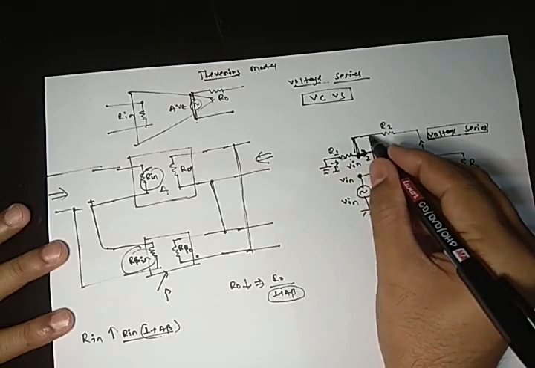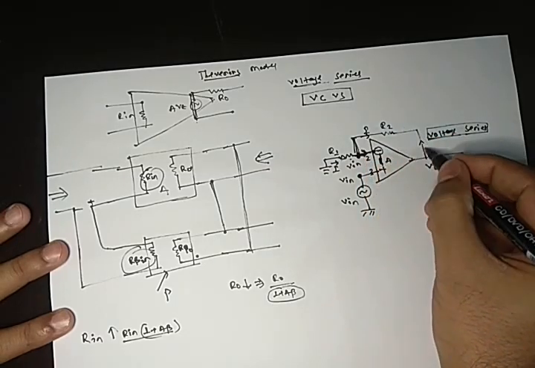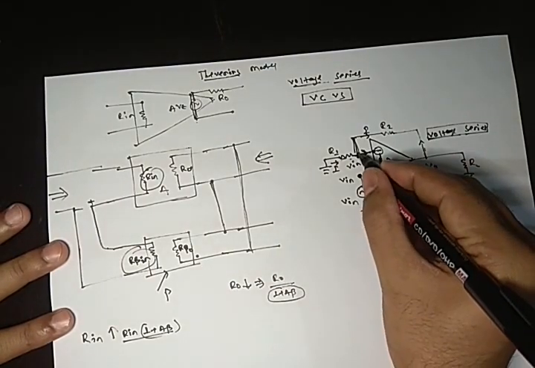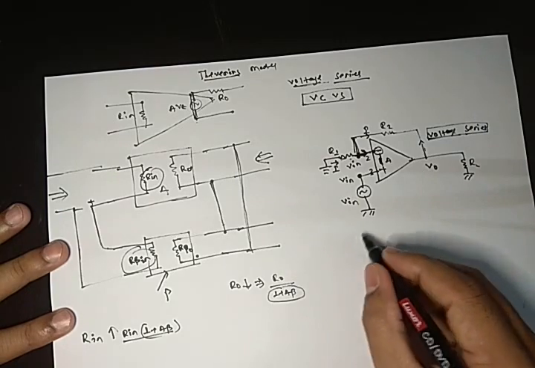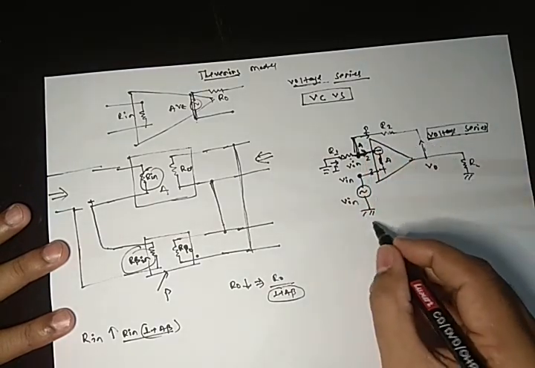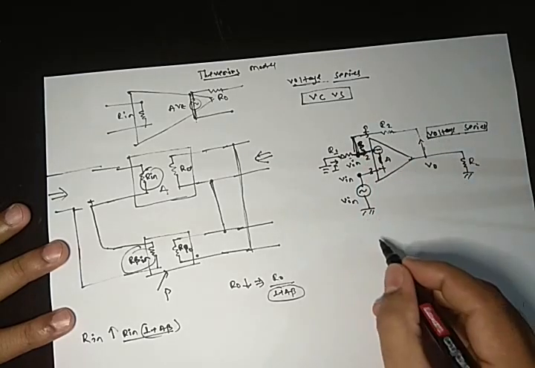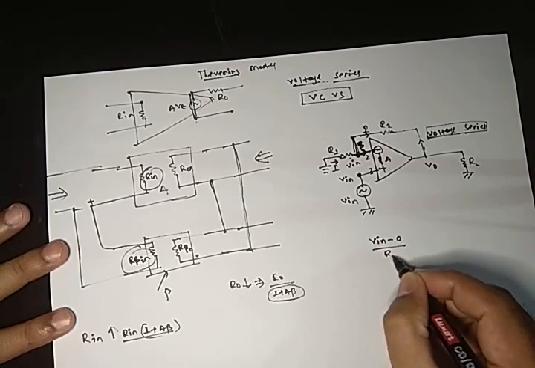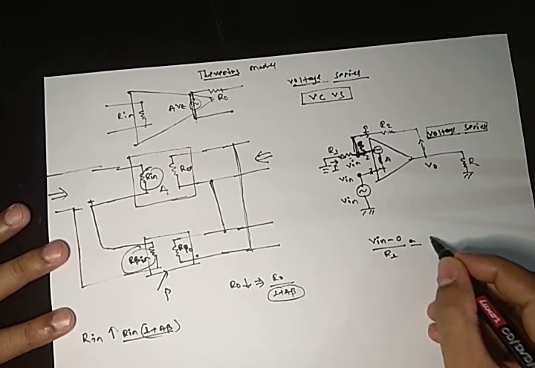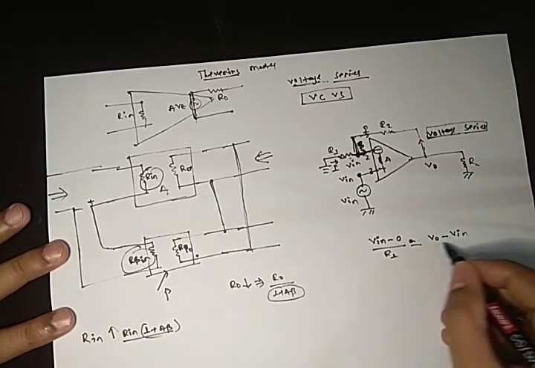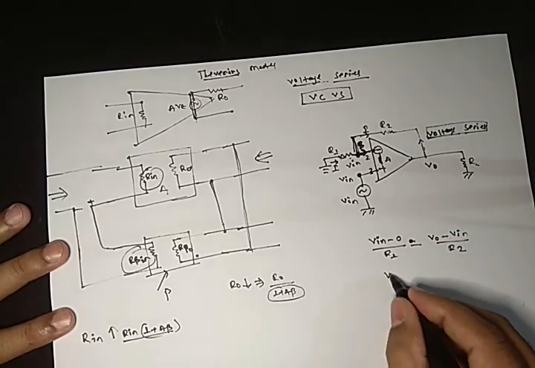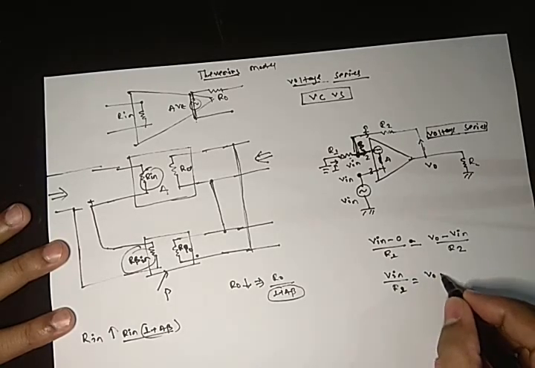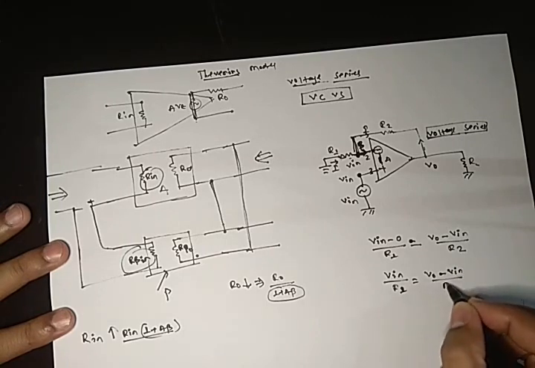So this I will move across this circuit and just come out. So we need to just apply KCL at this point. Now applying KCL at point B. So V in minus 0 by R1 must be equal to V0 minus V in by R2. Now V in by R1 is equal to V0 minus V in by R2.